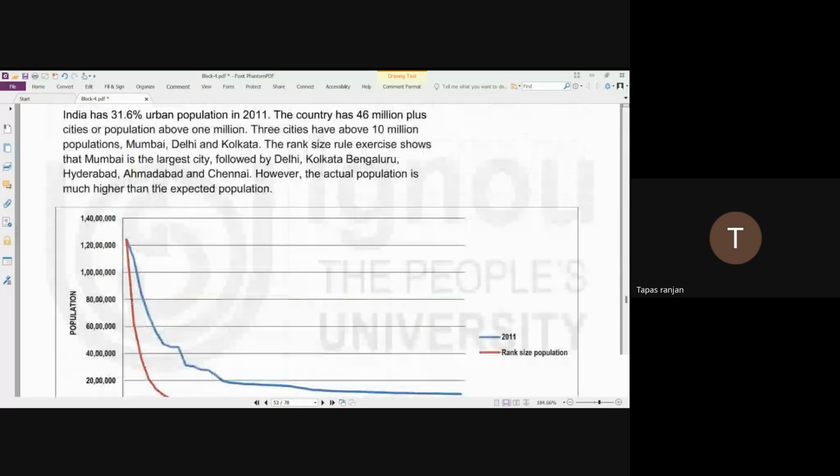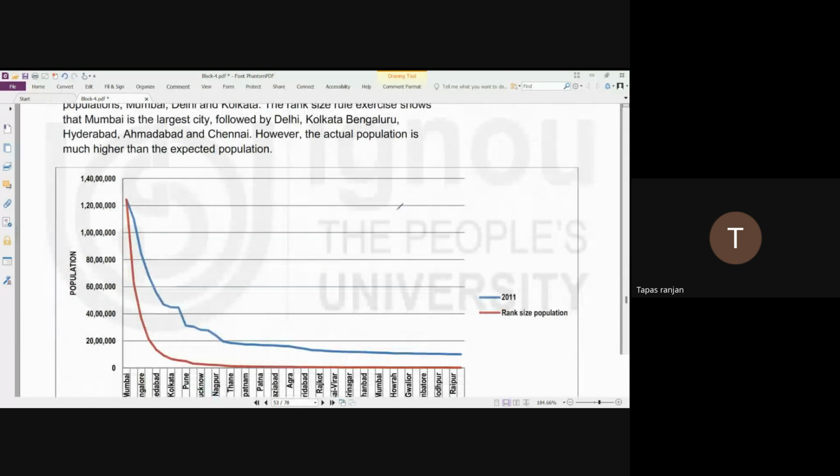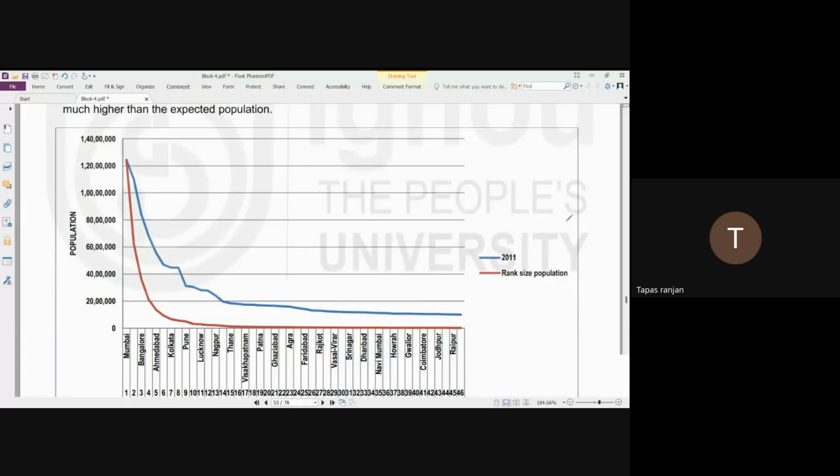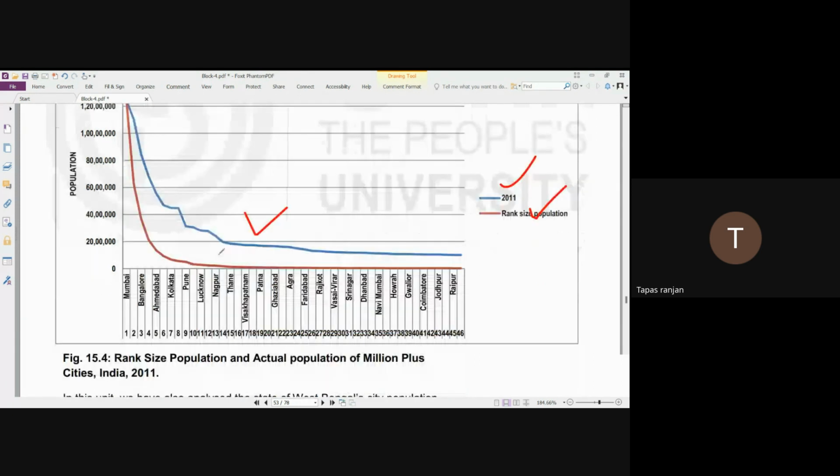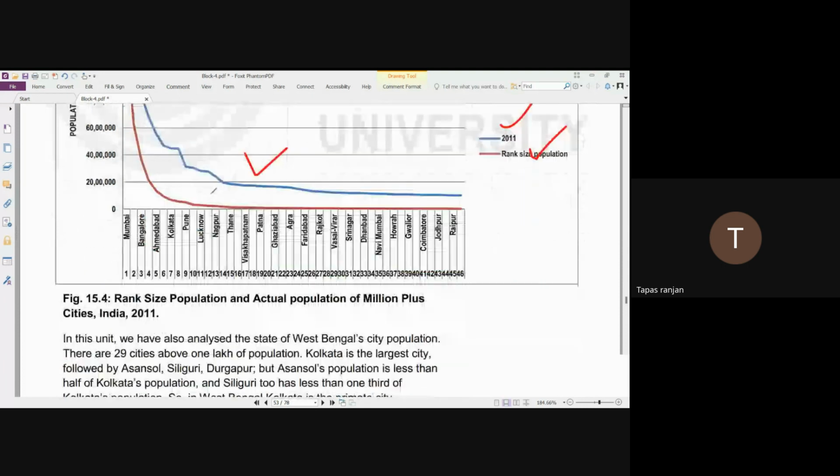Definitely, there will be a difference in terms of actual population and in terms of rank size population. This is the curve of rank size population, and this is the curve that basically shows the actual population of 2011 data, the urban population of 2011, and these are the different cities that have been considered to understand the rank size population and actual population.